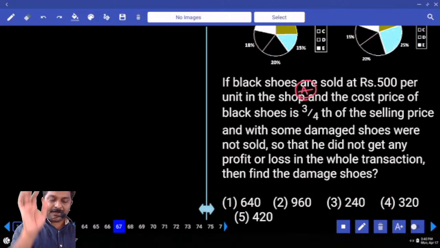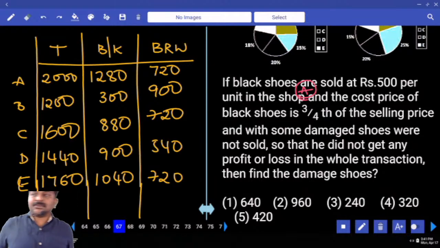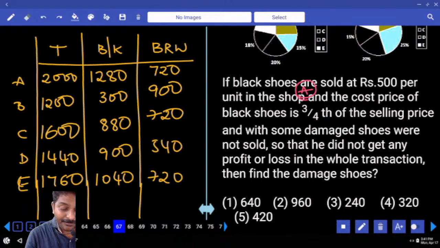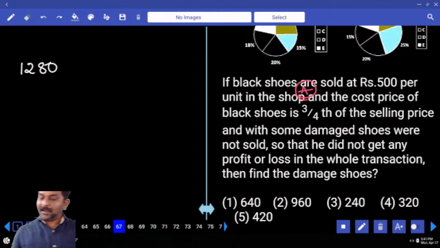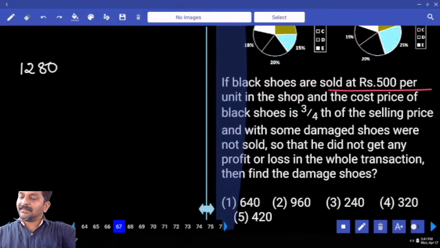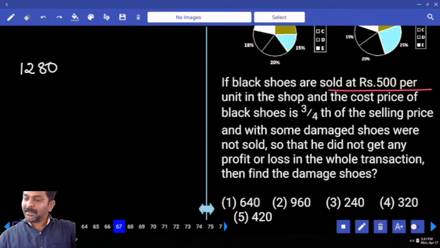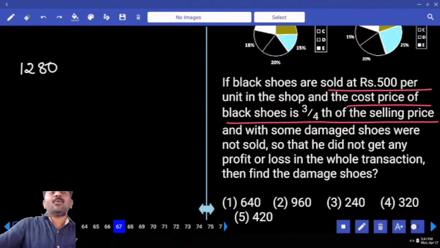In shop A, is it about black shoes or brown shoes? How many black shoes are there? There are 1280 black shoes. And they said they are selling it at 500 rupees per unit. 1 unit price 500. The cost price of a black shoe is 3/4 of the selling price. What is the selling price?